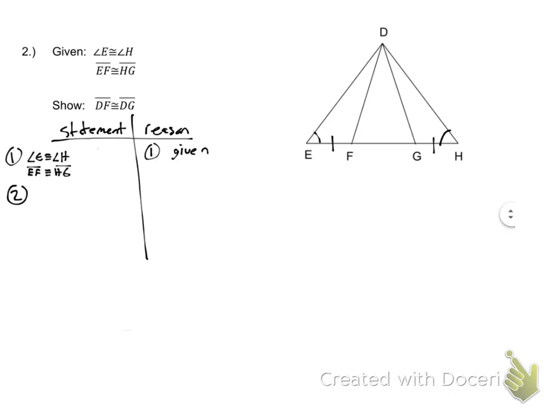They open to the sides that are congruent. So therefore, I'm going to say this side is congruent to that side, or DE line segment is congruent to DH. The reason: definition of an isosceles triangle.